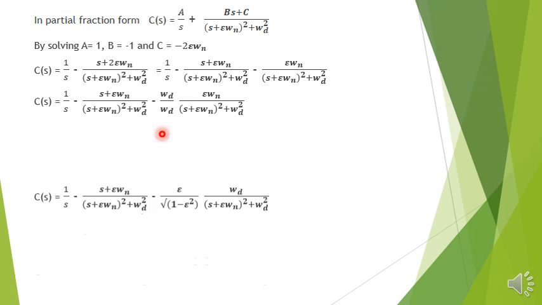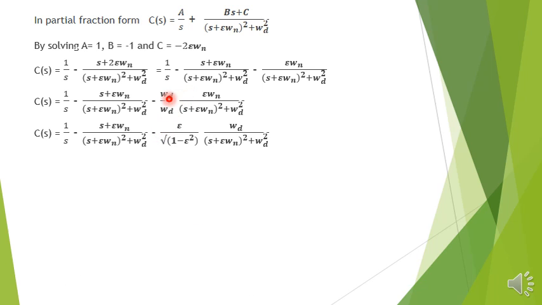So once again by rearranging, omega d I am taking inside this, and this zeta omega n I will take outside. So zeta omega d is what? Omega n into root of 1 minus zeta square. So omega n gets cancelled and it will remain like this.